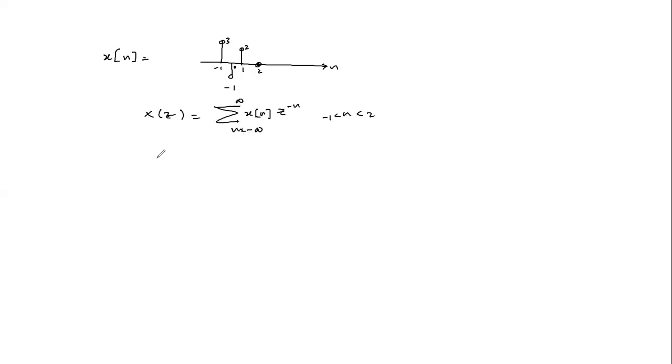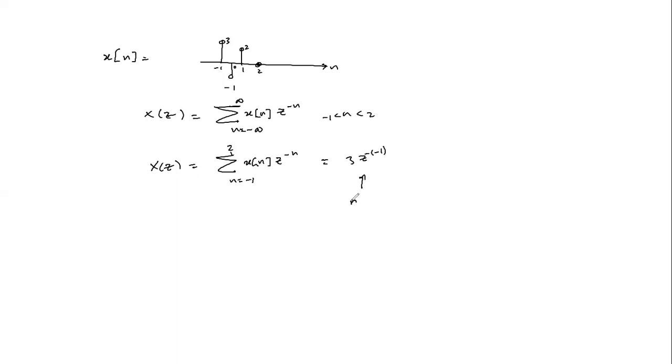Such that s of z is the same as the sum from n equal to -1 to 2 of s of n z to the minus n. So when n is the same as -1, now the magnitude here is 3. So s of n is 3. Then z will be, here n is -1, so it will be z to the power of minus -1.